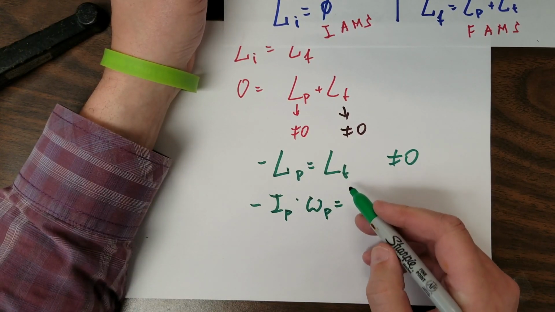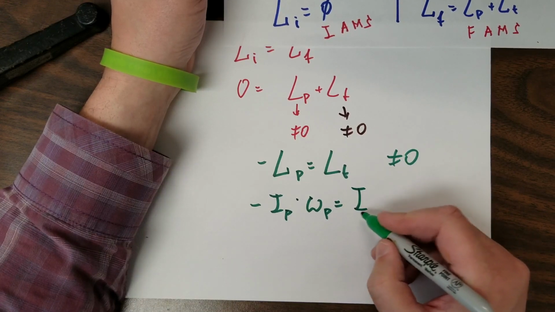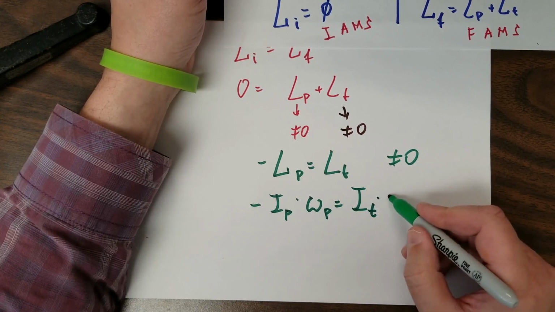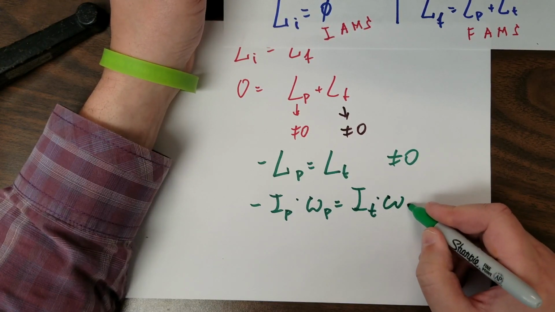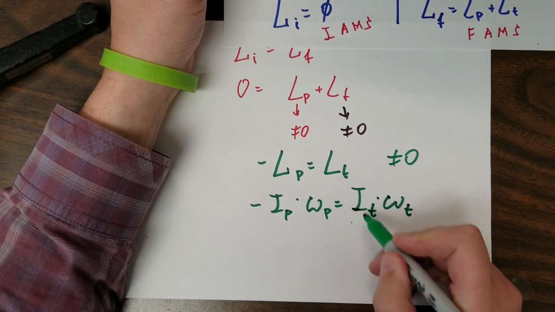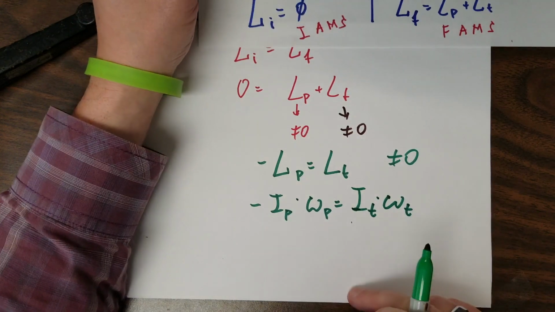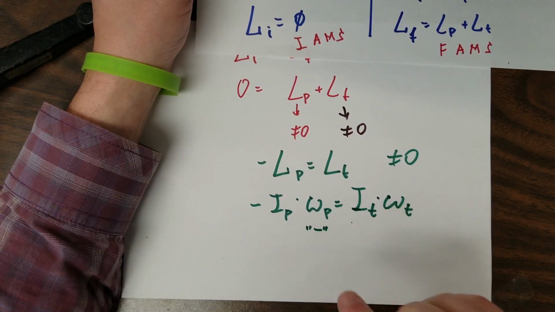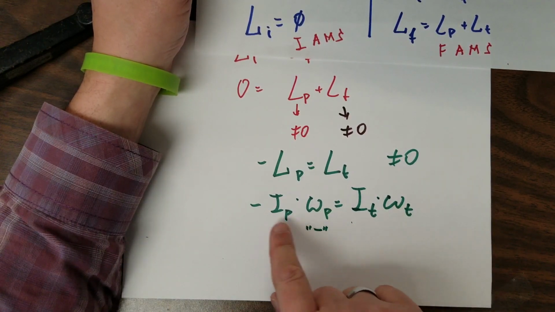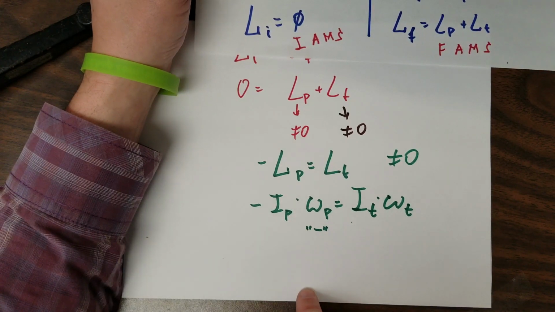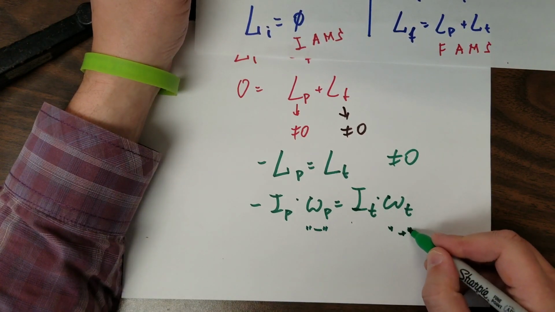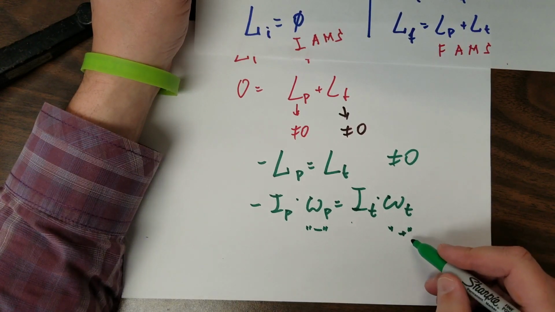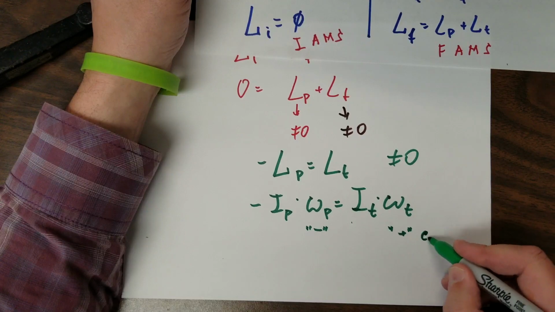The angular momentum of the turntable, rotational inertia of the turntable times the angular velocity of the turntable. We also call it moment of inertia. So if this guy is negative, minus times minus makes it positive, this guy should be positive, which means the motion should be counterclockwise.